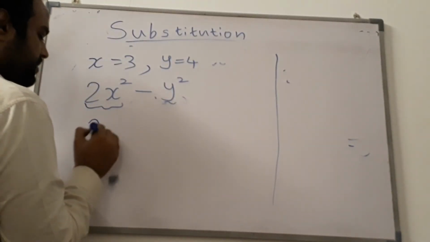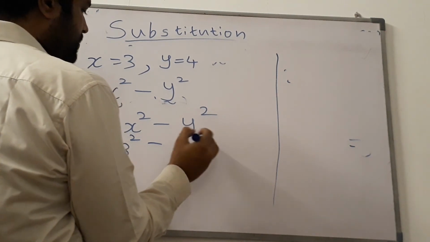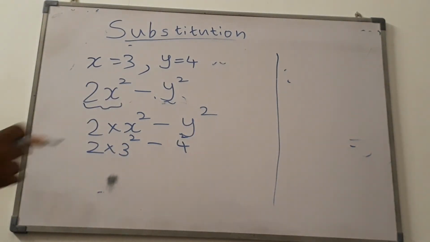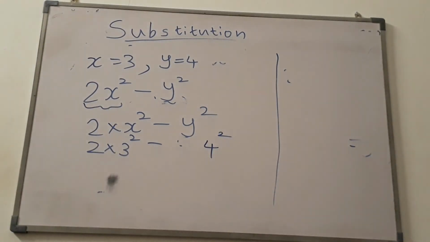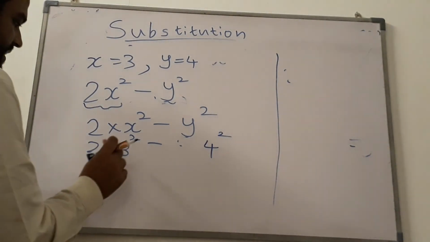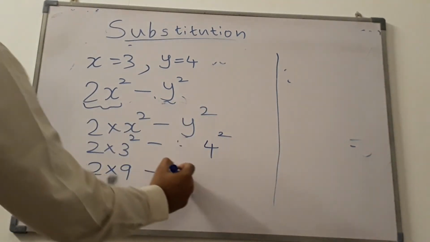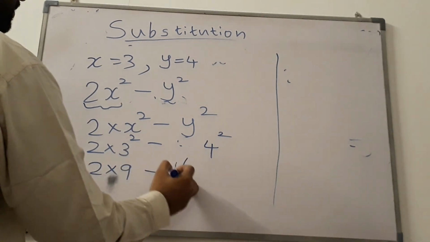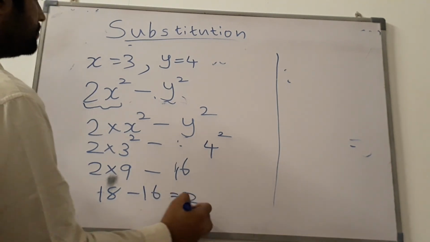This can be written like 2 times x squared minus y squared. x means 3, so we can write it as 2 times 3 squared minus 4 squared. 3 squared means 3 to the power 2 means 9. 2 times 9 is 18. 4 to the power 2 means 16. 18 minus 16, the answer is 2.